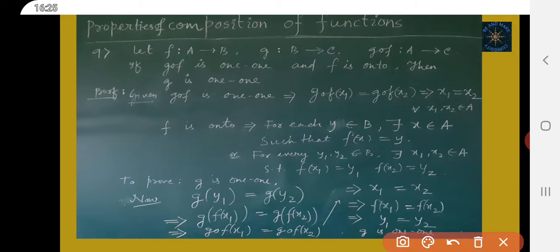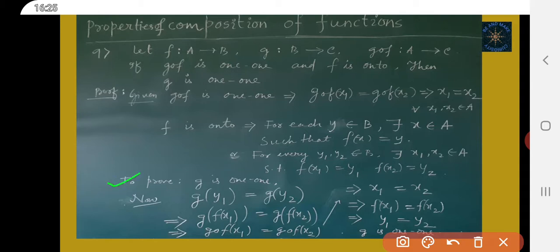Or you may write like this: let y1 and y2 belong to B, there exist x1 and x2 in A such that f of x1 is equal to y1, f of x2 is equal to y2. Also we can write.